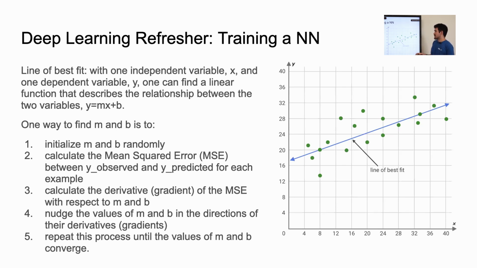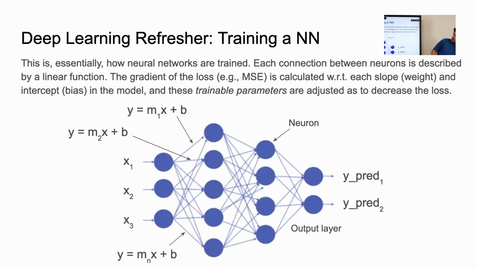And then you can calculate the derivative, or the gradient, of the mean squared error with respect to the parameters m and b, after which you can nudge the values of m and b in the directions of their derivatives that minimizes the mean squared error or loss. And you can repeat this process iteratively until you converge on values of m and b that minimize your loss.